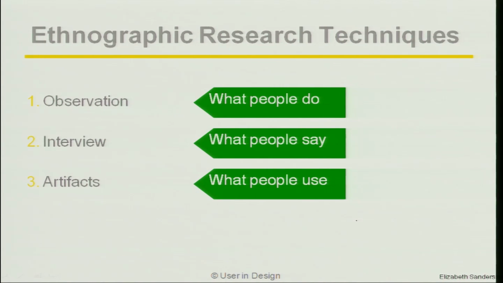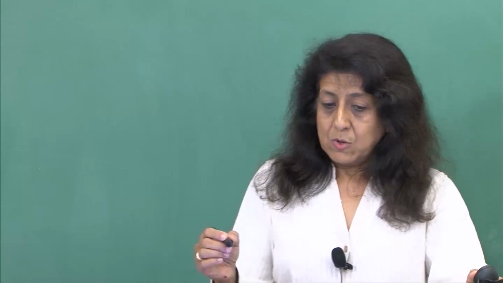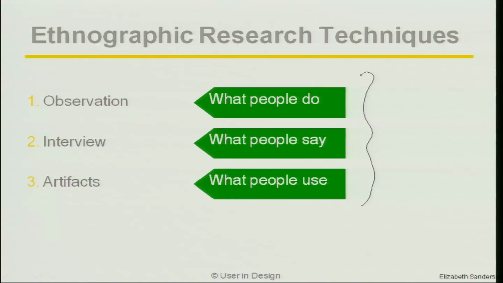Does she have different forms? Does she use things on the computer? What are the artifacts that she uses? Now, why is it important to do all of these? Because they are different. And as we know from our experience as well, what people do, what people say, and what they say they do are sometimes very, very different things.